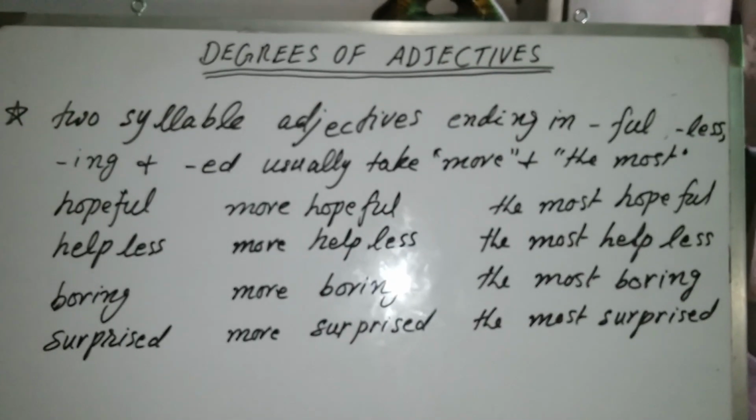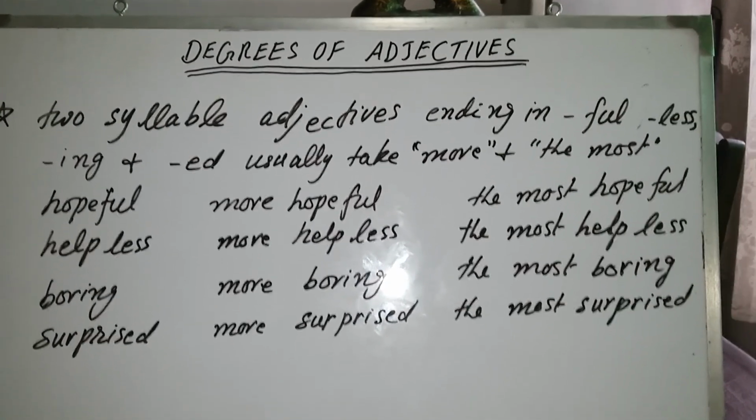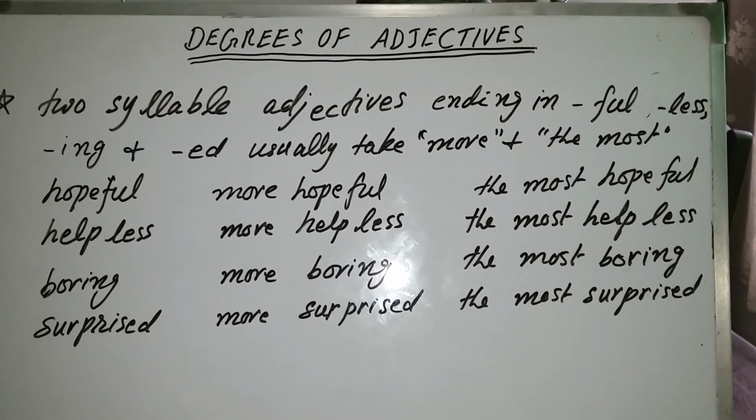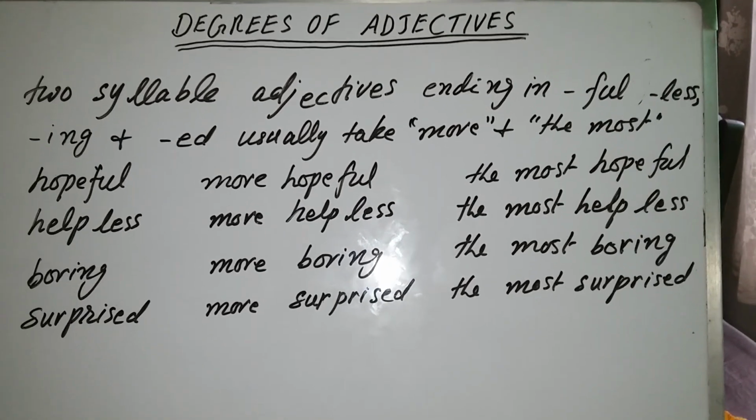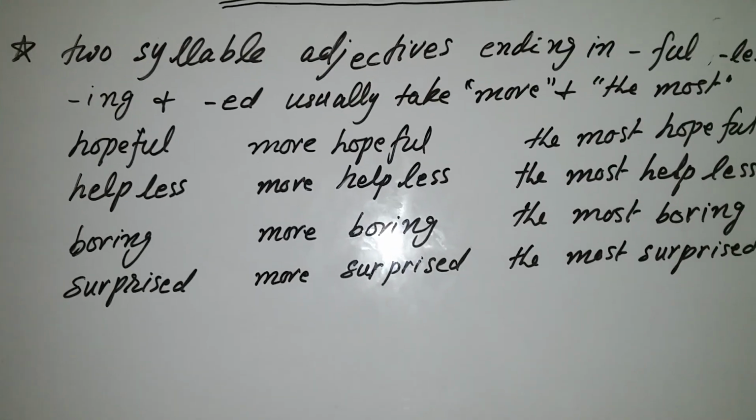Now 2 syllable adjectives ending in ful, less, ing and ed usually take more and the most before them to convert them into comparative and superlative degrees.